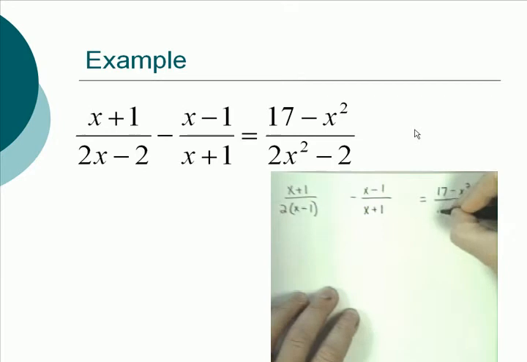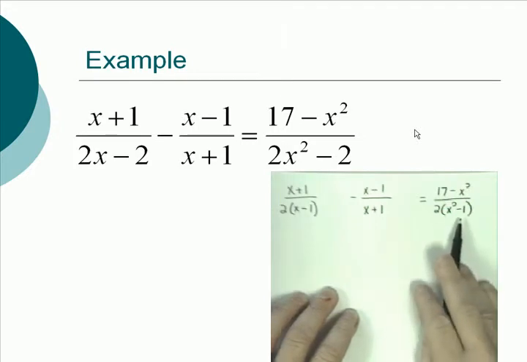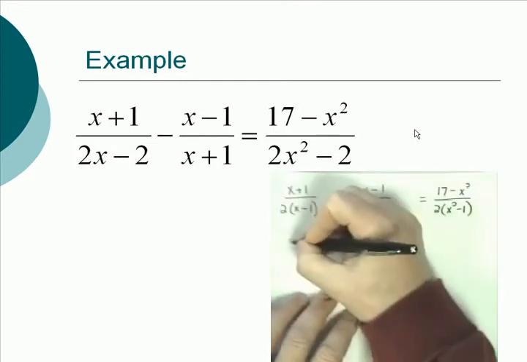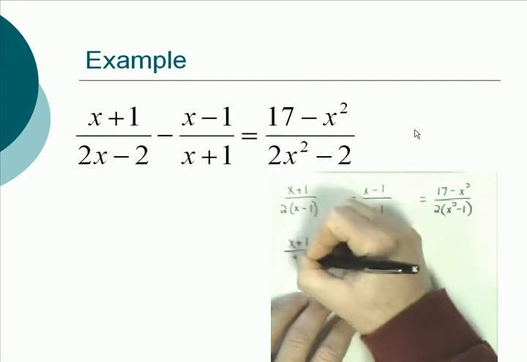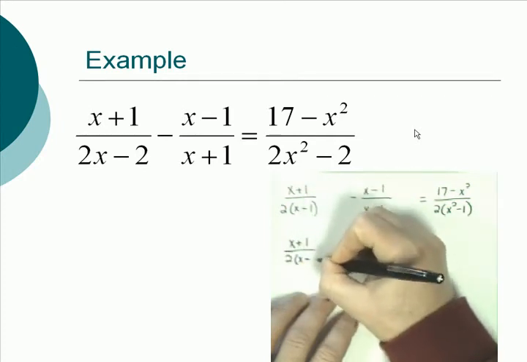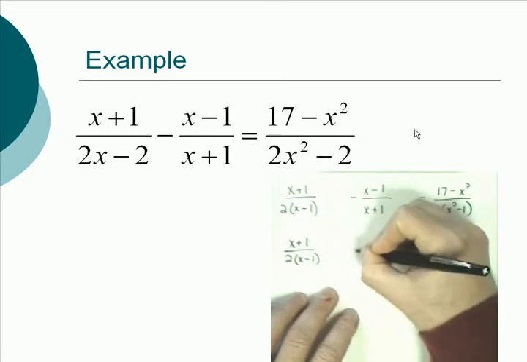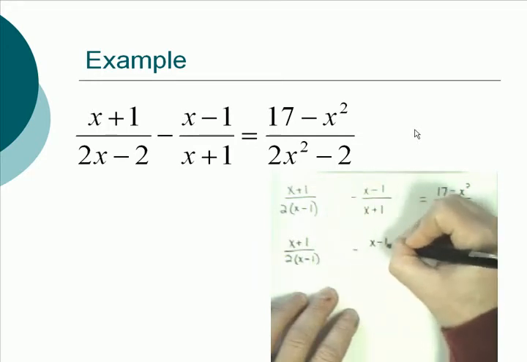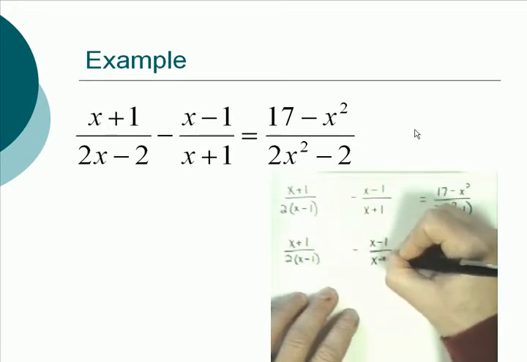Now that's the same as 2 times x squared minus 1. Note, however, that x squared minus 1 will factor even more. We can rewrite this as x plus 1 over 2 times x minus 1, minus x minus 1 over x plus 1.